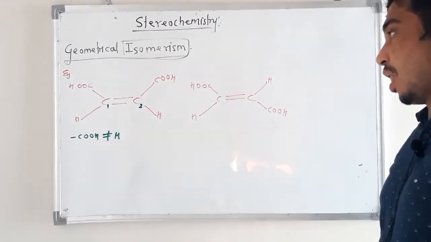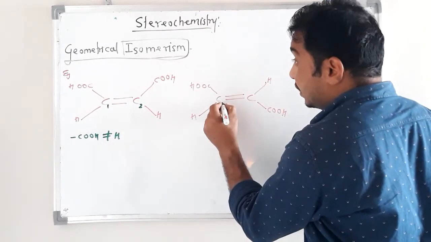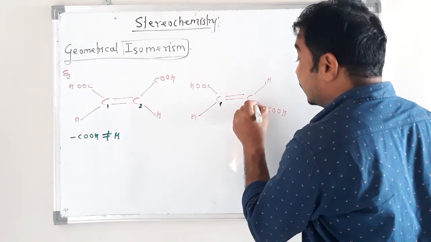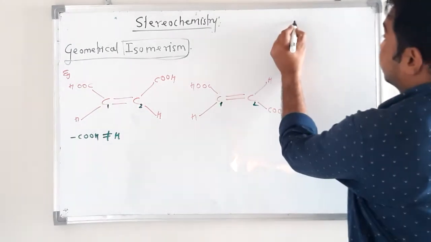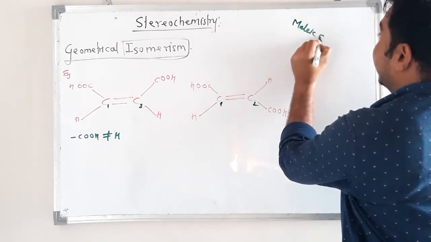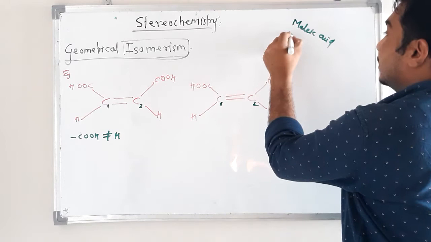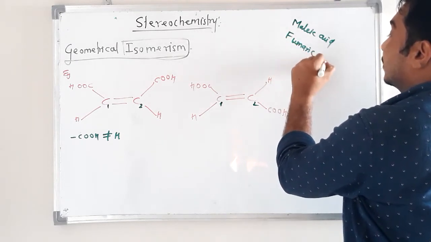See this. These two compounds have different physical and chemical properties. One of them is maleic acid and the second is fumaric acid.